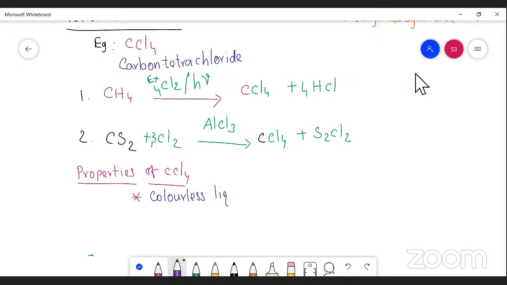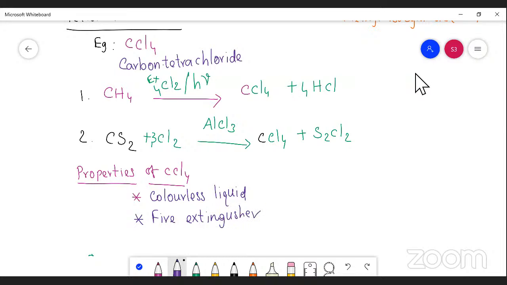It is a colorless liquid and it may act as a fire extinguisher.